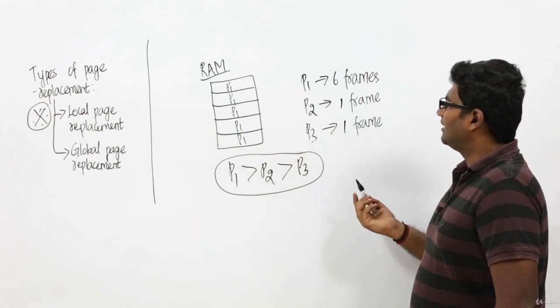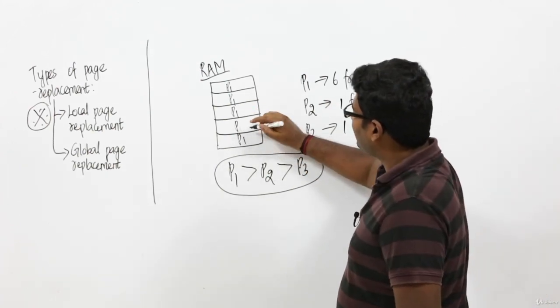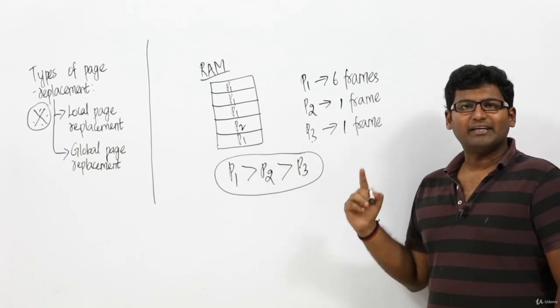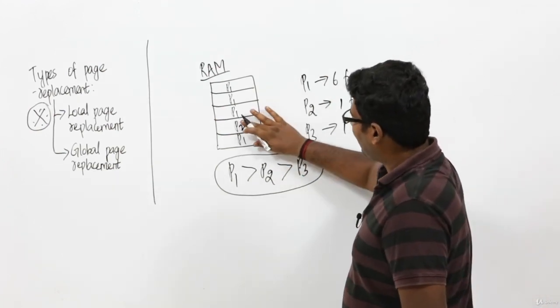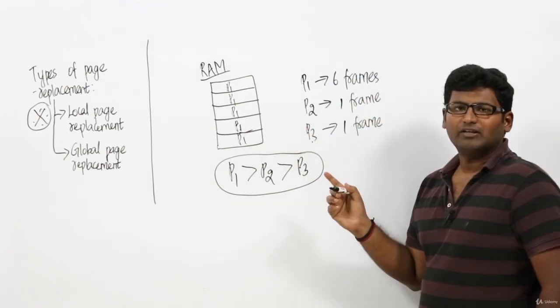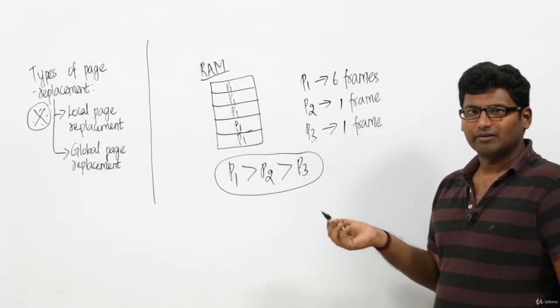Even though initially P2 or P3 pages were present over here, since P1 has the highest priority, it will remove process P2's page and place its own page. That is what we have seen as dynamic frame allocation, right?